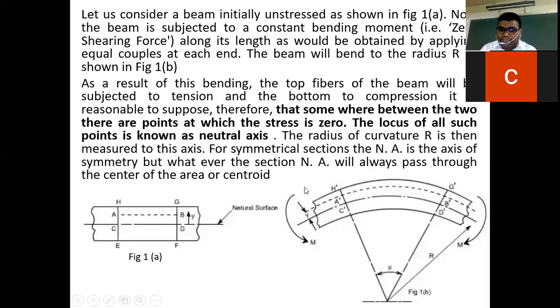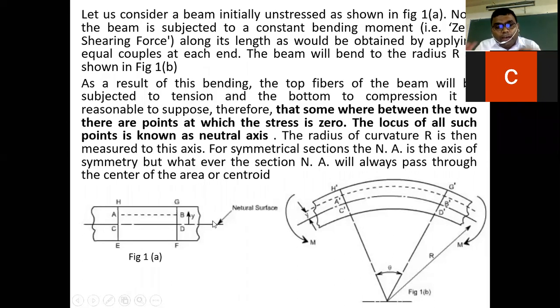So you see this cross-section area. This is the initial beam. You can see there are a few points mentioned here: H, E, A, B, C, D. C, D is located on this neutral surface. You see, this is the neutral surface. And y is the location of the element AB which you have taken, the distance of AB here.